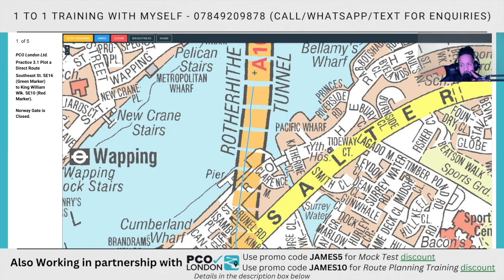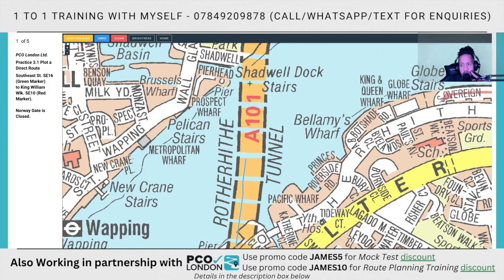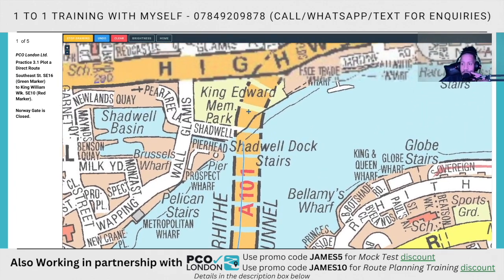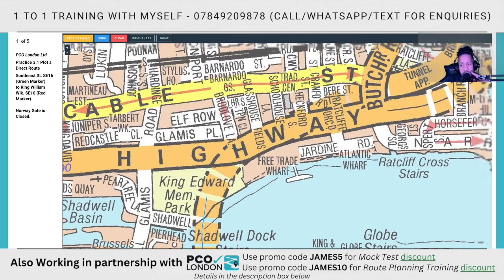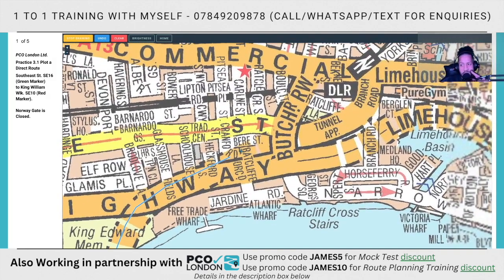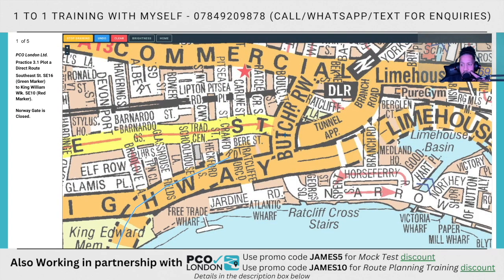Underneath all those roads, underneath all this water, underneath this highway road, which a lot of people get confused with, underneath this Butcher's Road. And you can see after Butcher's Road, in the tunnel underneath, you can see the last broken line there.